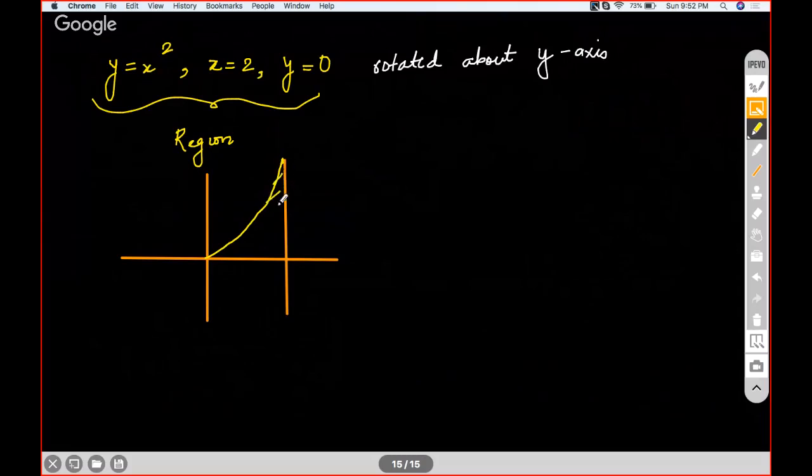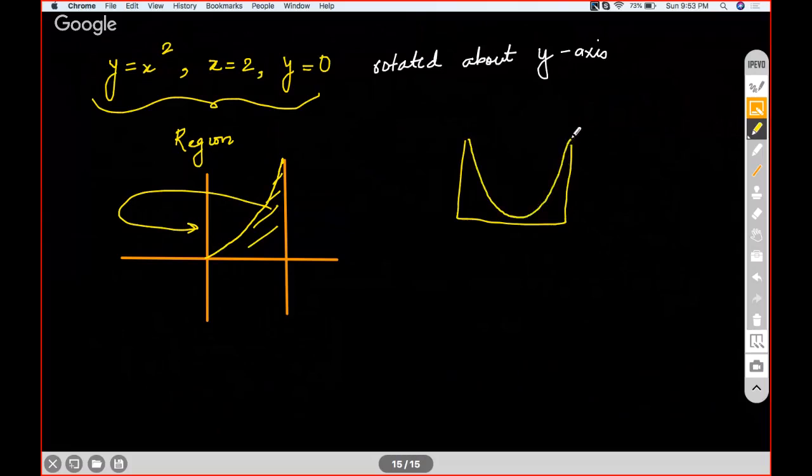So this region is rotated about the y-axis. So it will be like a bowl which is having a parabola inside. So it looks like this from outside, but you have a parabola inside. Something like that. This will be the solid area.